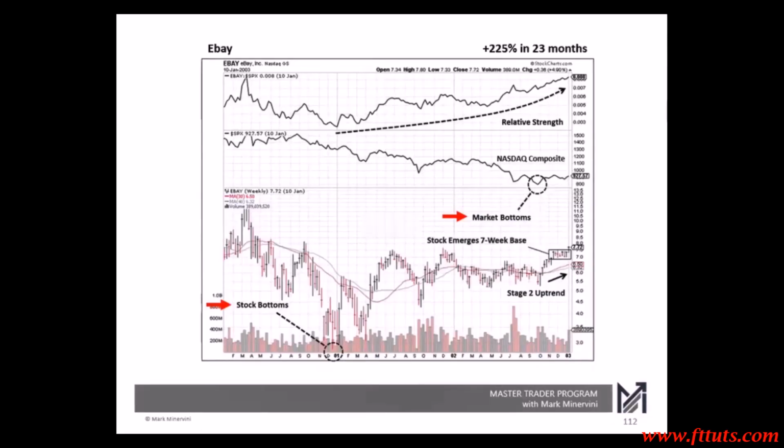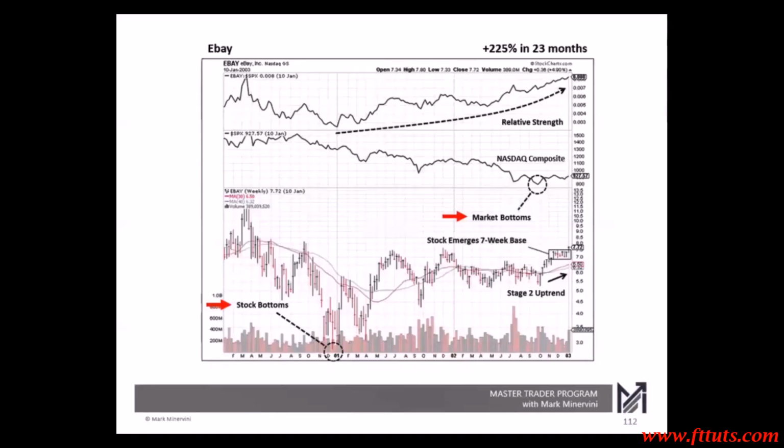And so when you have a relative strength line in an uptrend and the market is going sideways, this is a stock that's resisting the decline. And usually those are going to be the ones that when the weight of the market comes off, they're really going to take off and be the big leaders. So the relative strength line is so important to spot, especially in a very tough market.